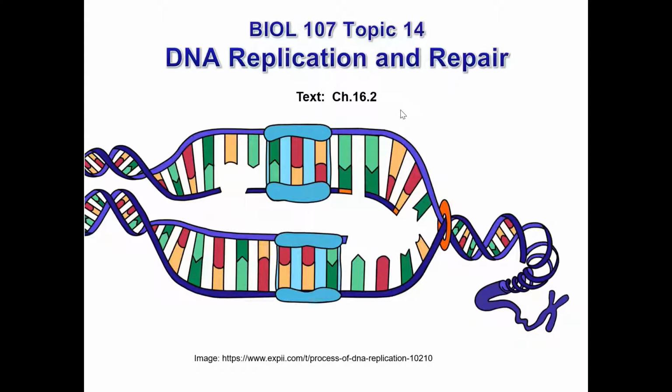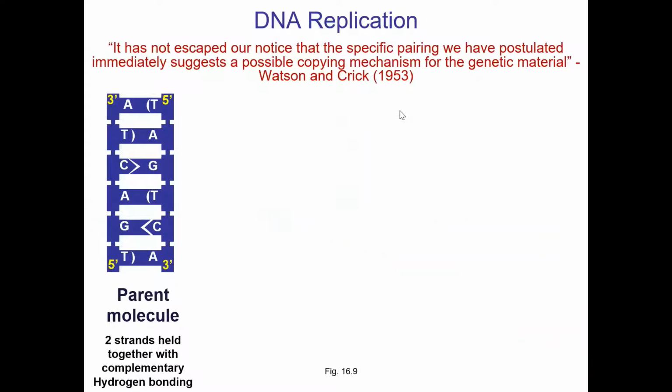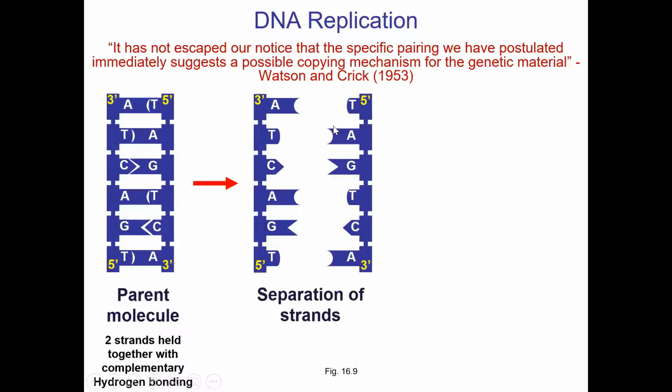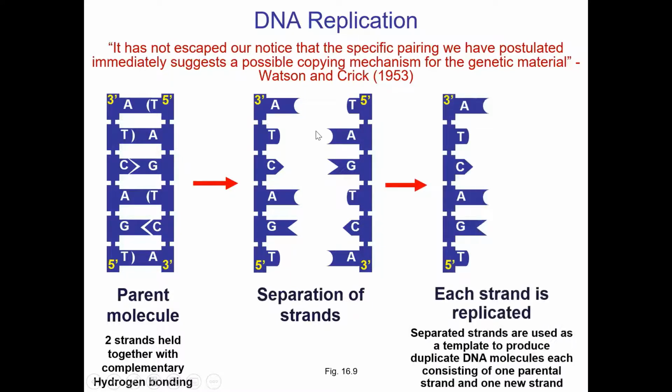So let's talk about DNA replication. We finished off last day talking about Watson and Crick and how they made the observation that if you have two strands of DNA, you just need to know what one strand is to figure out the other strand. This is a possible replication mechanism. They proposed all you need to do is separate the strands and put in the new nucleotides.